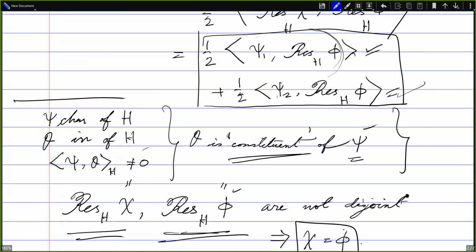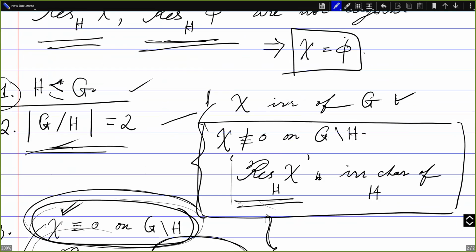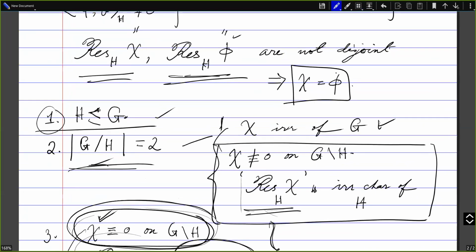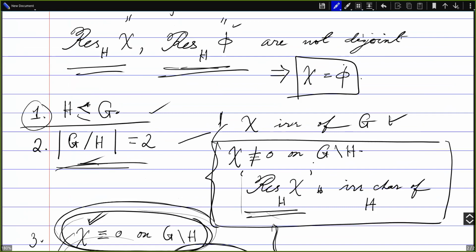But the difficulty is that what we have seen is how to get irreducible characters of H from the irreducible characters of G, as much as we can. But this certainly does not help us if we do not know the irreducible characters of Sn.